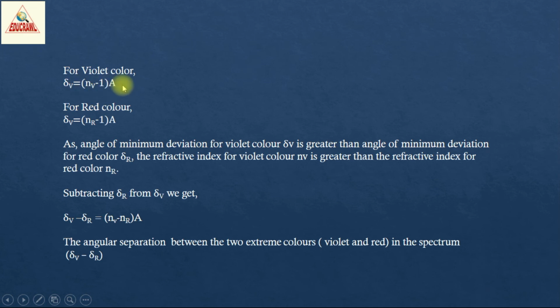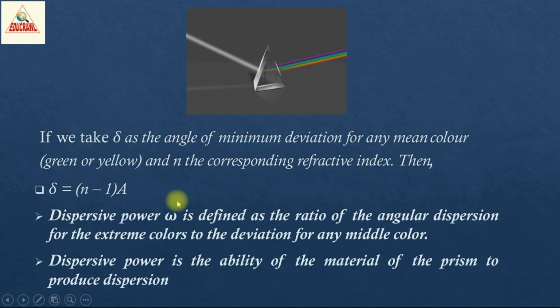So nV into A minus A. Similarly, for red color, you take A inside the bracket. You will have nR A minus A. Now you subtract these two equations. When you subtract, the term A gets cancelled and you get del V minus del R is equal to (nV minus nR) into A. So the angular separation between the two extreme colors in the spectrum is del V minus del R.